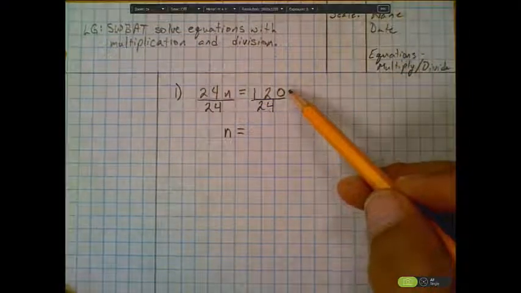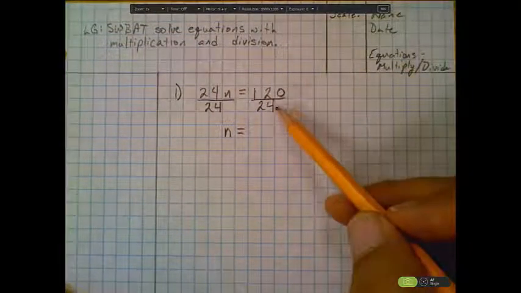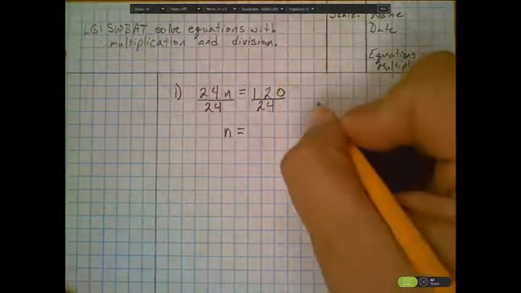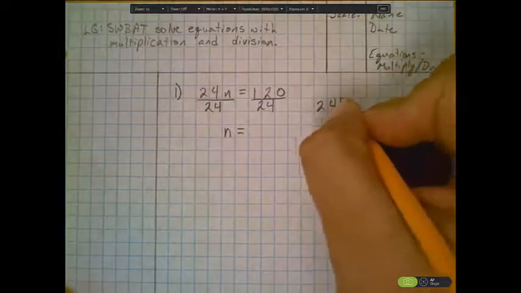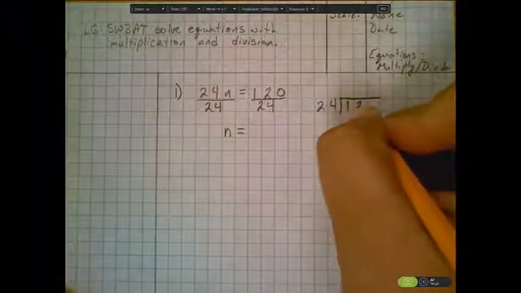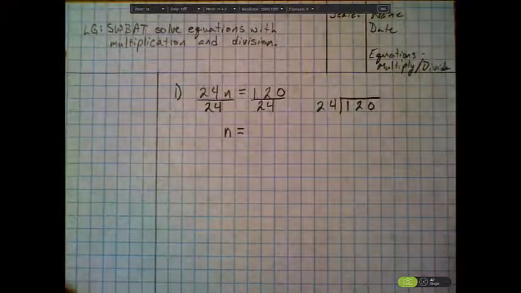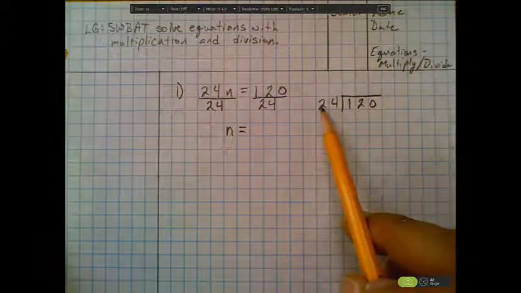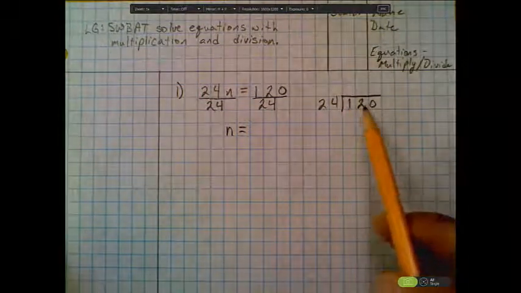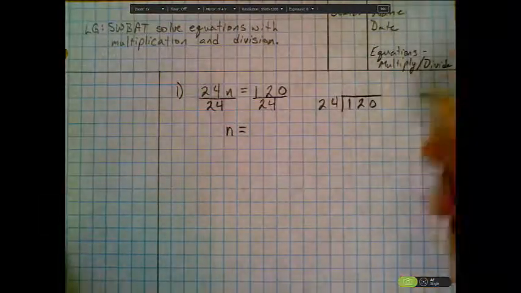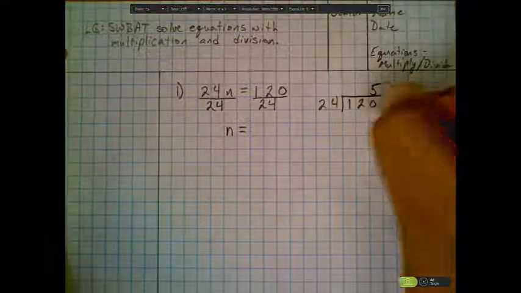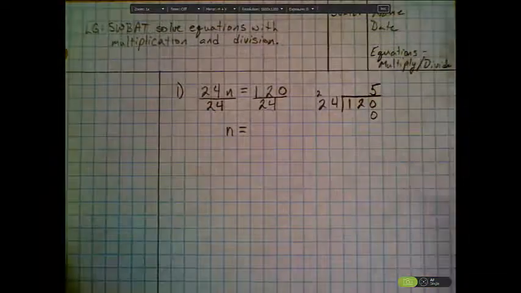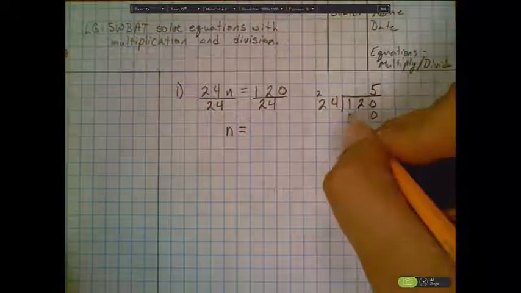On this side, this is a fraction. It's 120 divided by 24. I can't do that in my head, so I'm going to go ahead and do that over here. Alright, so we're going to look at this, and with 24, the 2 goes into the 12 maybe 6 times, but because of the 4 there, I'm going to try 5. 5 times 4 is 20. 5 times 2 is 10, plus 2 is 12.